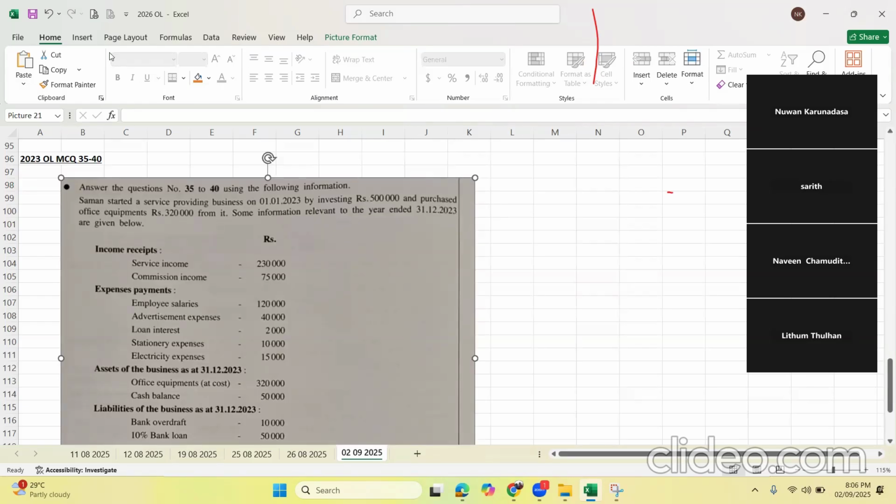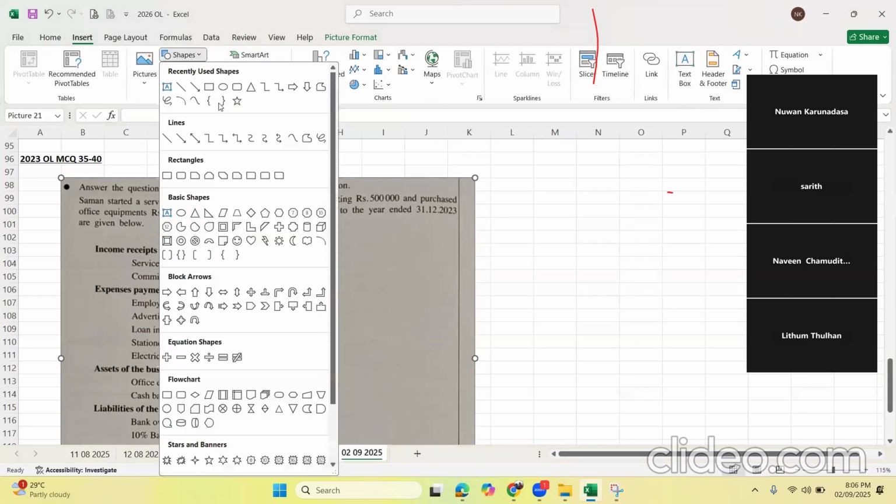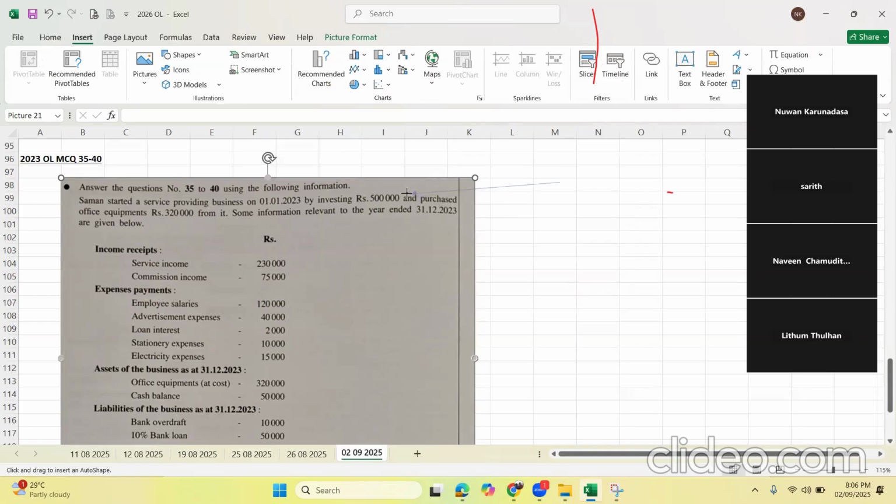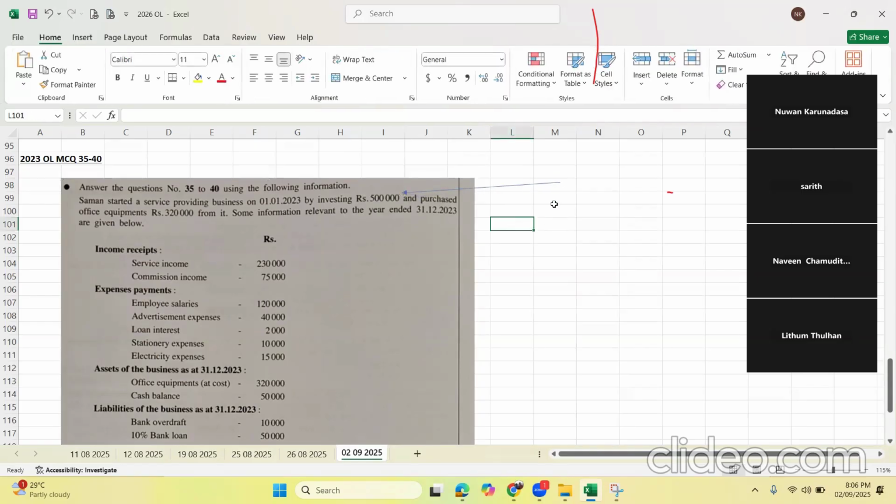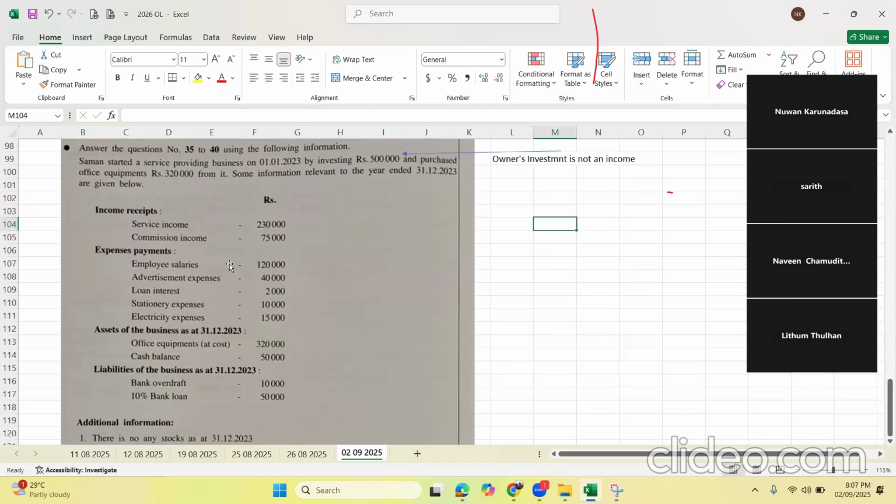It is not an income. It's capital investment, very important. On the same day, they have purchased office equipment 320,000.